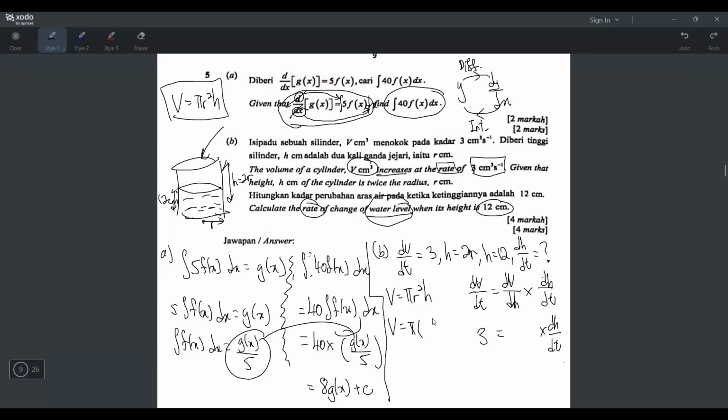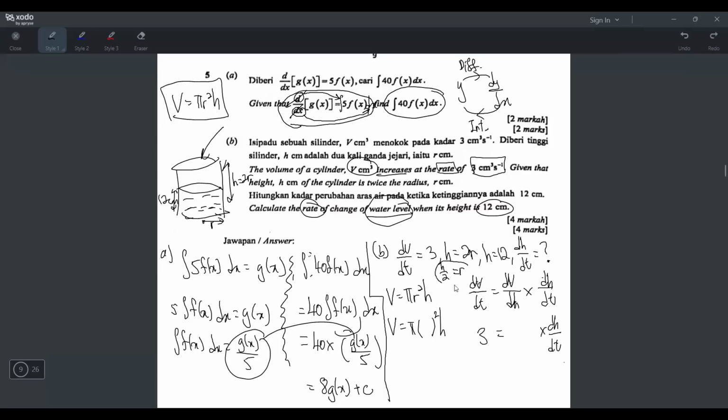So this R I have to change into something in H. It means I have to form an equation of R in terms of H. And they did mention just now H equals 2R. The height is always 2 times the radius. So the radius is actually H over 2.